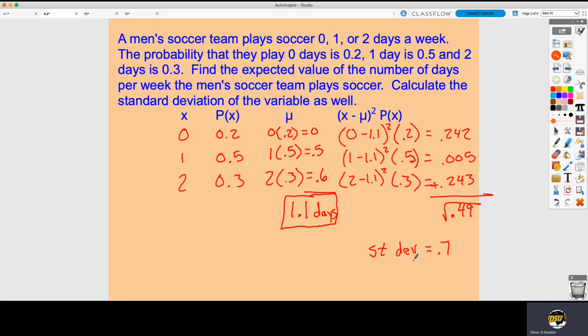All right, now with what we're going to do on Thursday, we're going to use those standard deviations to be able to come up with different values that we're going to use for stuff. Okay, we're just trying to get this down for now. All right, now, standard deviation equation that you've been taught in the past, it's all in there. The only difference with this standard deviation equation is we have probabilities thrown in there also.